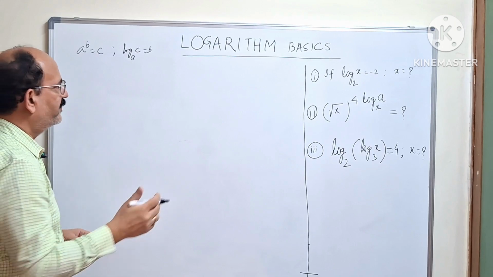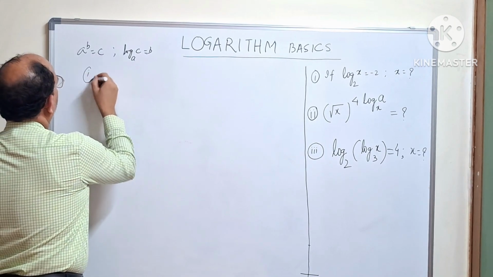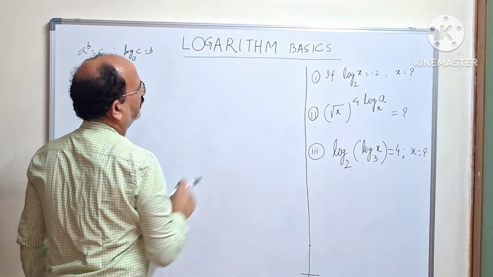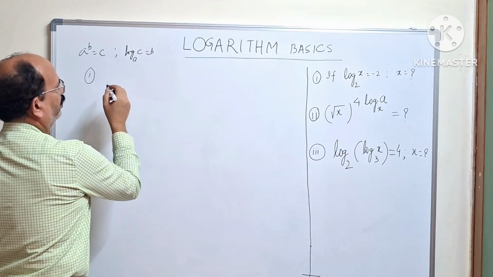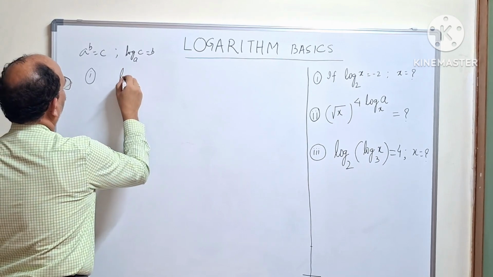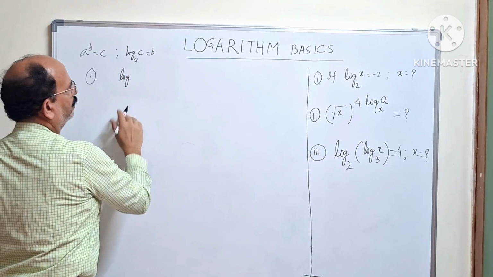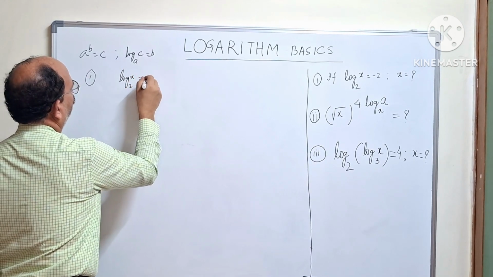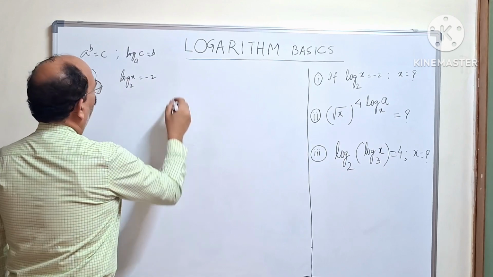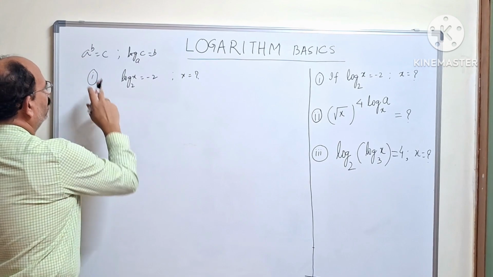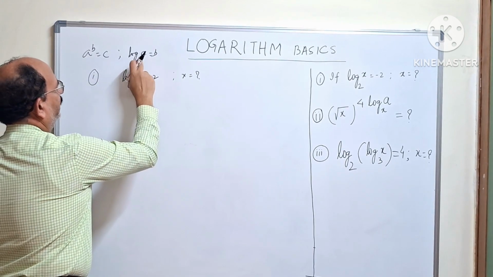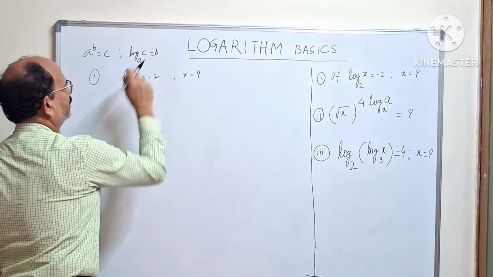Let's take first example, which is given is that if log x base 2 is equal to minus 2, what is the value of x? So let's use this relationship. We know that log c base a is equal to b.